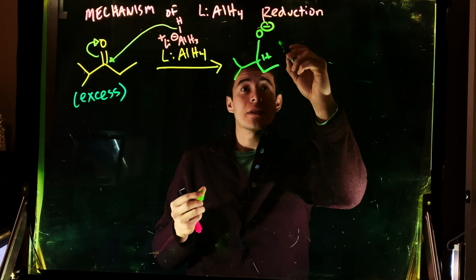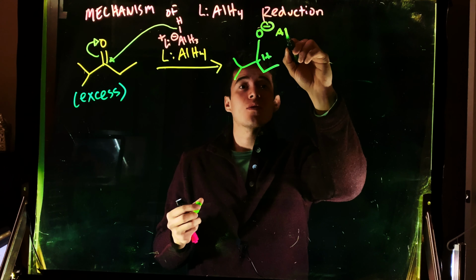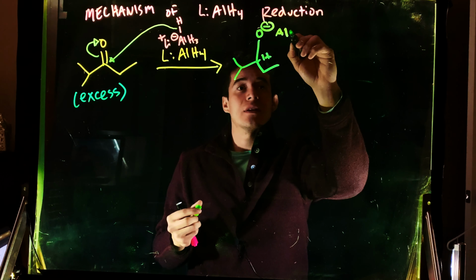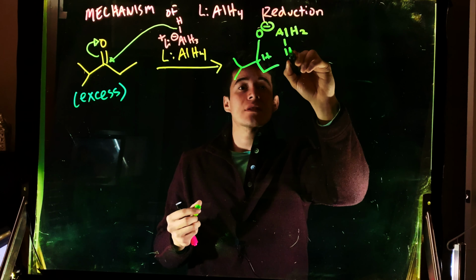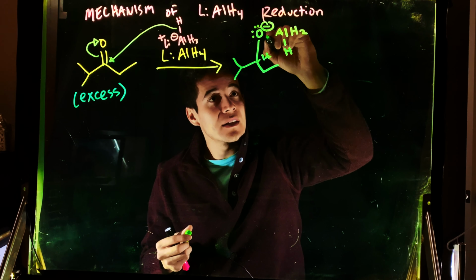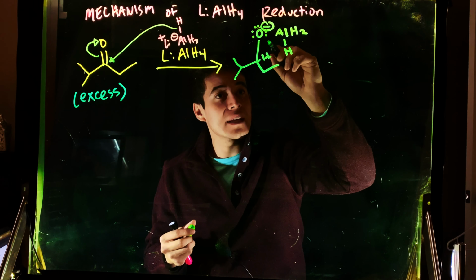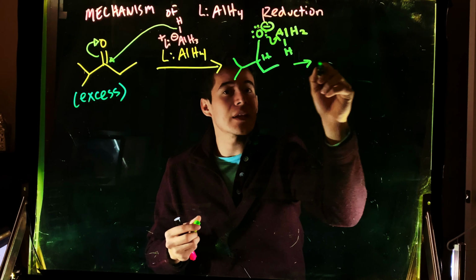So what happens is this aluminum is going to be right next door to this oxygen. This aluminum is going to have 3 hydrogens still, just like this. And this oxygen here, with its extra electron density, is going to come form a bond with our aluminum. So we're going to look something like the following.